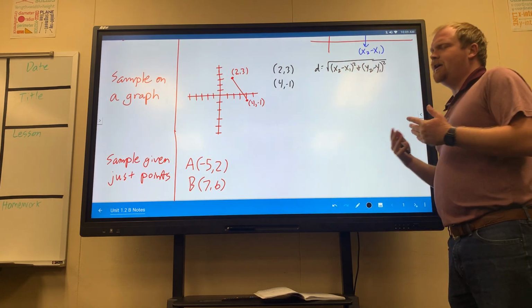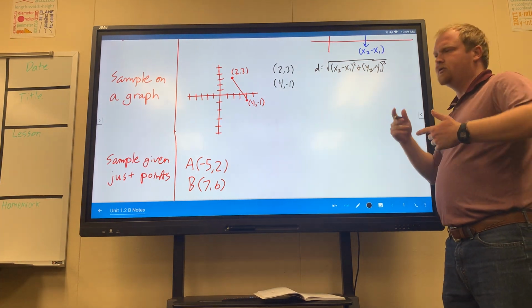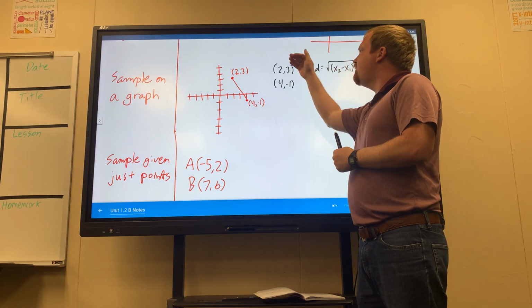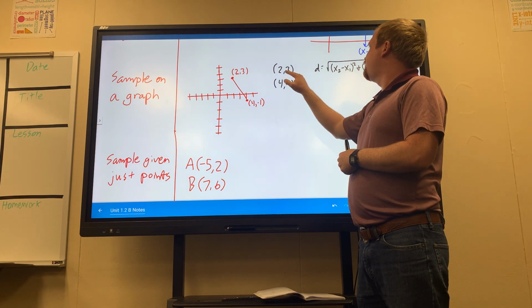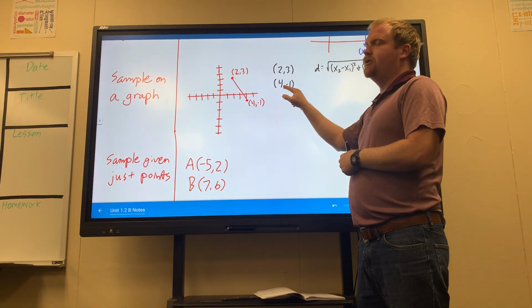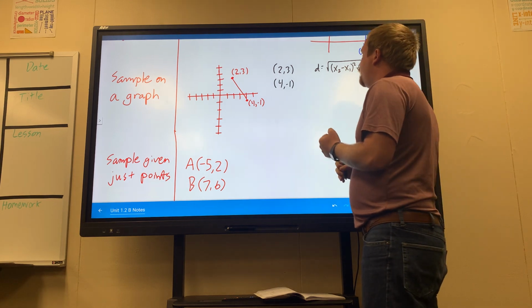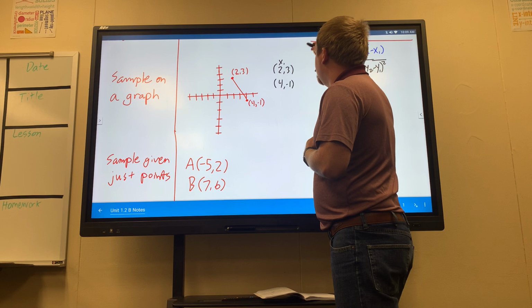Now I just have to figure out what x2 and x1 are. I'm here to tell you that it makes no difference which one is which. The 2 could be x2 and the 4 could be x1, or vice versa. However, if I make this x1, I have to make this y1.